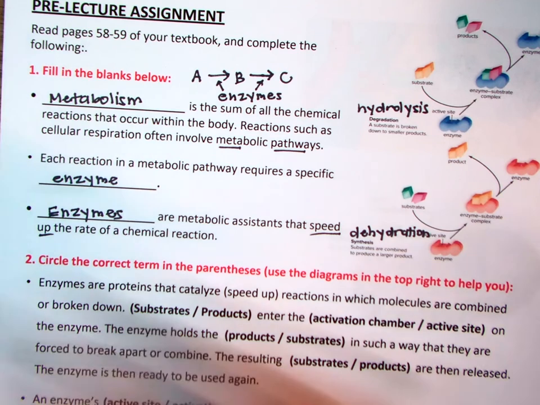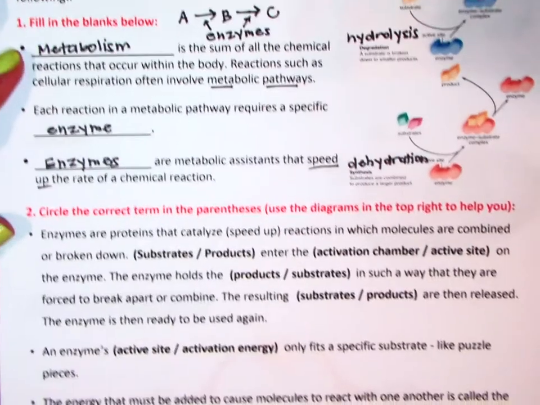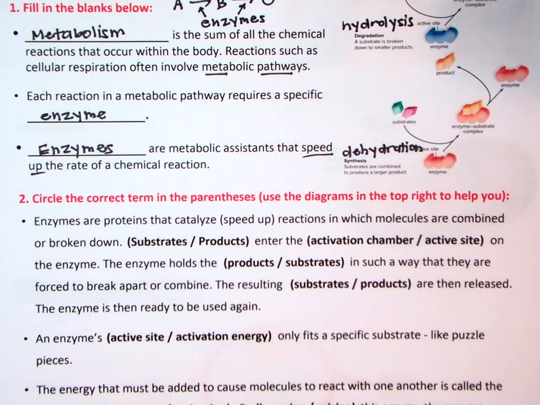All right, so knowing that, let's read through this number 2 here. Circle the correct term in the parentheses. Use the diagrams at the top right to help you. So, enzymes are proteins that catalyze, that word means speed up and help, reactions in which molecules are combined or broken down.